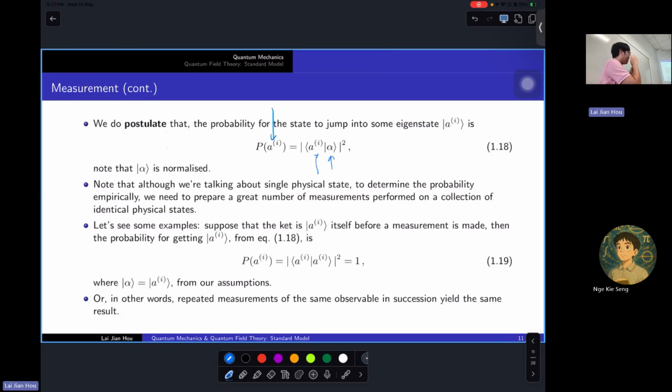By intuition, the state is already confirmed to be in the A_i state, so the probability of getting that A_i state must be equal to 1. By mathematics, the physical state here is already equal to the state A_i, so when taking the inner product, it gives us 1. So it matches our intuition.